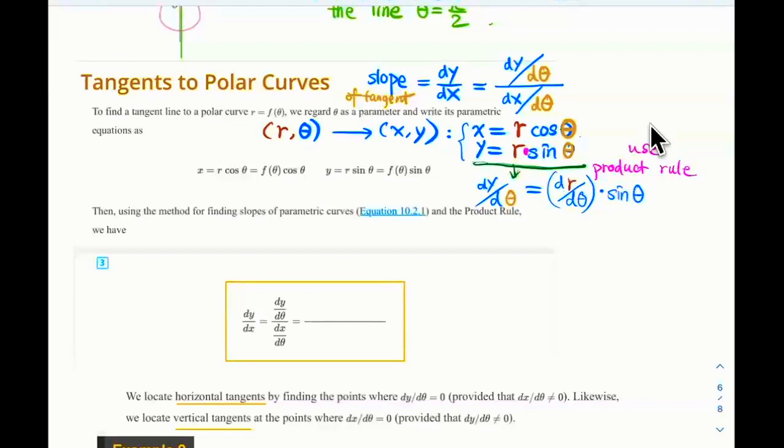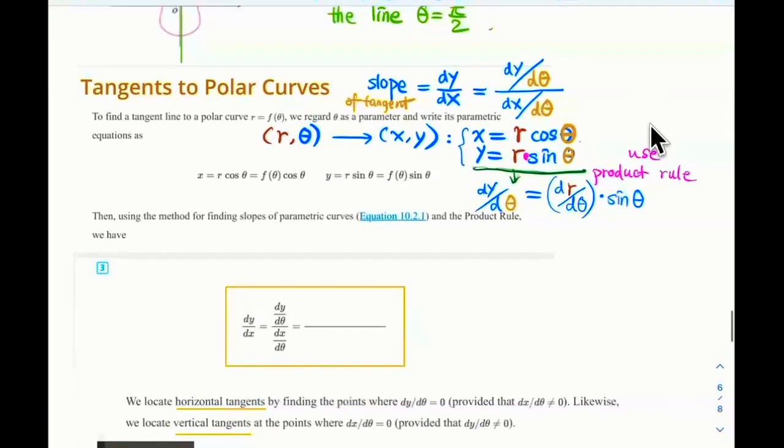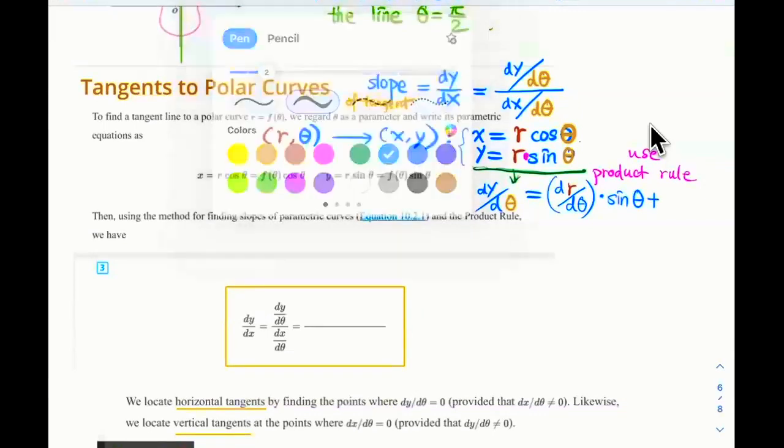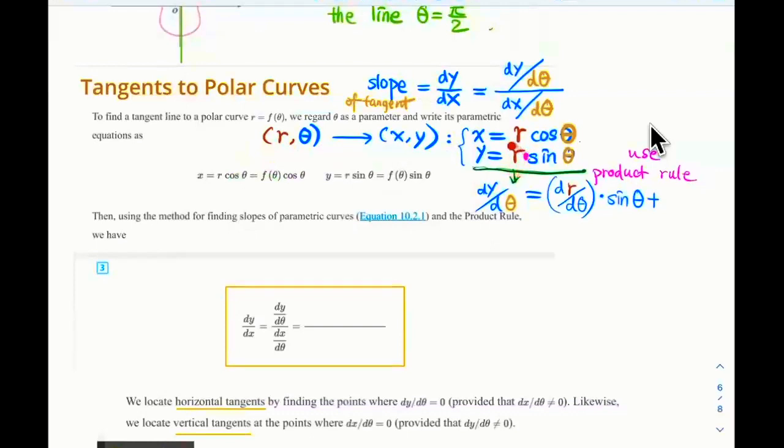Okay, after that, we're going to add. Now we're going to keep the first function unchanged, so we're going to have the r over here. And then now we're going to differentiate this function, sin θ, with respect to θ. What's the derivative of sin θ with respect to θ? Cosine θ.